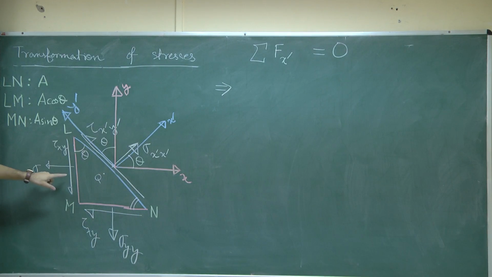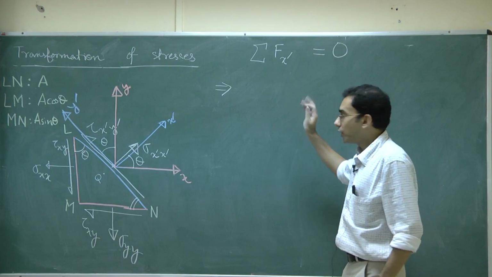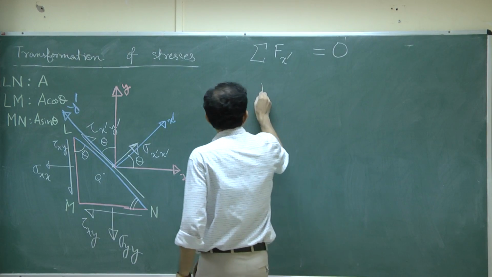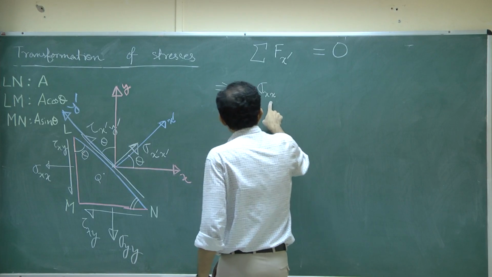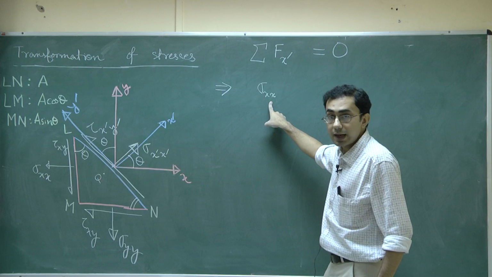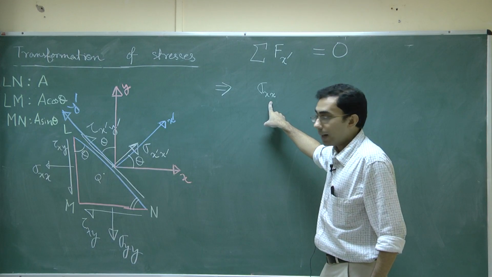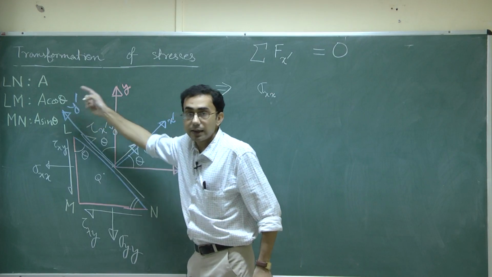First, I will consider the force contributed by sigma xx. Let me write that down. Without any bias about the positivity or negativity, I will just write down the force and then I will worry about the sign. So, sigma xx is the stress component. In order to obtain the force, I need to multiply with the appropriate area. Area here, just by referring quickly to this, is A cos theta.